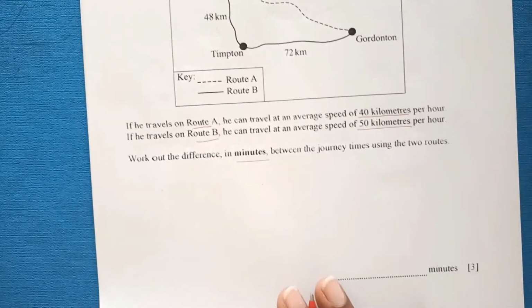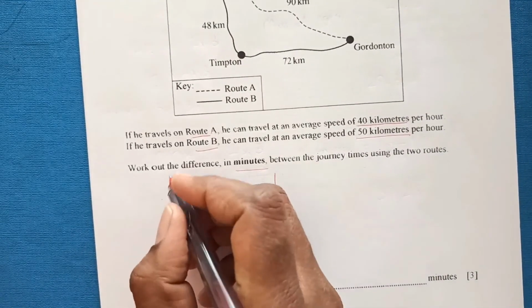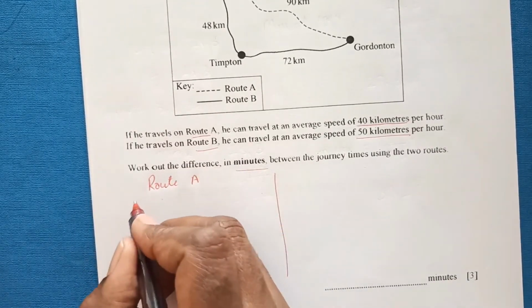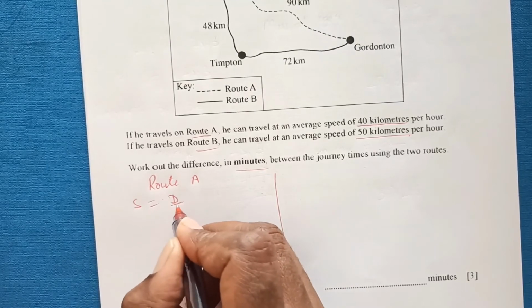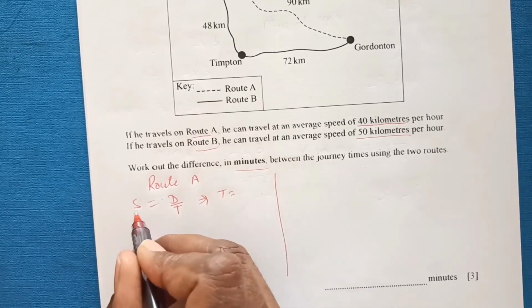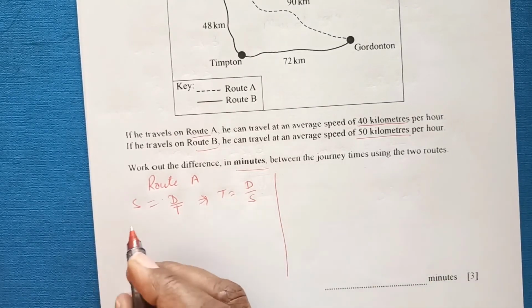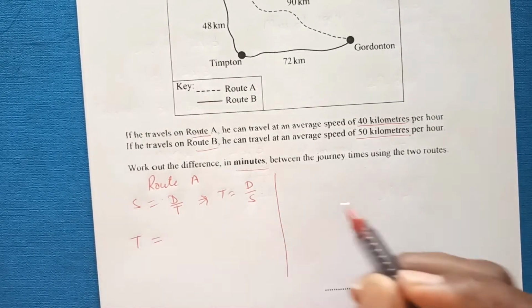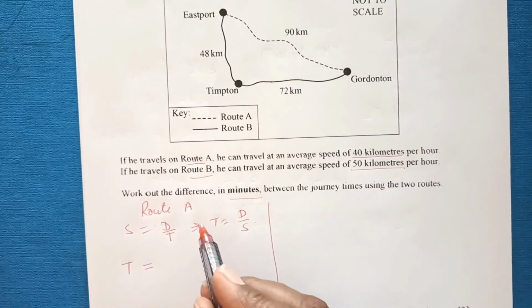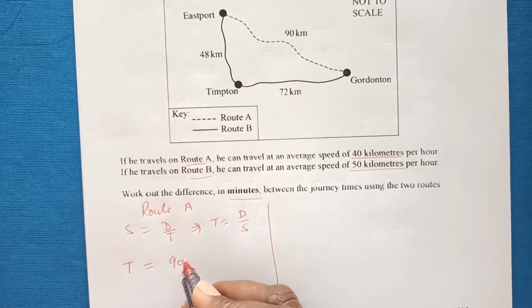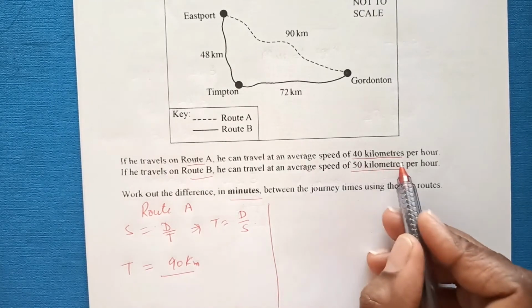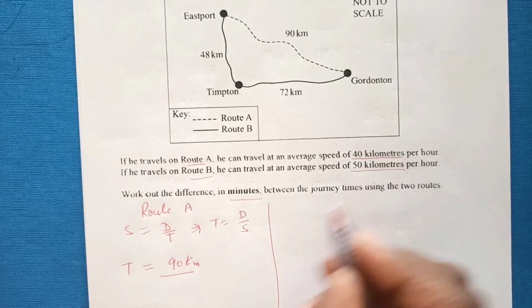So we can do this one by one. For route A, we know that speed is equal to distance over time, and so from here time will be distance over speed. Distance is 90 kilometers for route A and speed is 40 kilometers per hour.